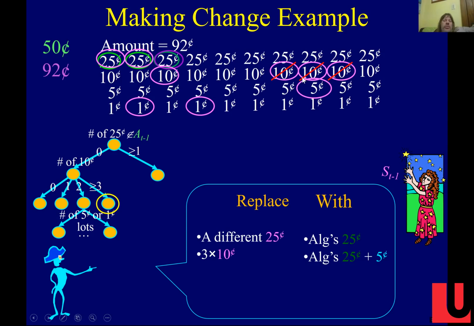Because she dropped 30 cents and added in 25 cents. So we'll give her some other nickel, it doesn't matter which, we'll just stick in an extra nickel, and now she will have 92 cents again, right? So that handles the case when we have at least 3 dimes.